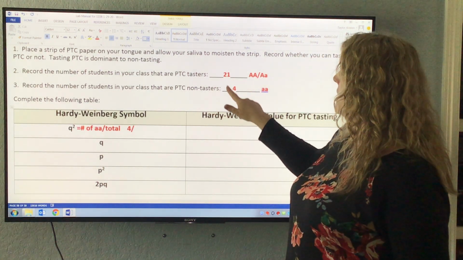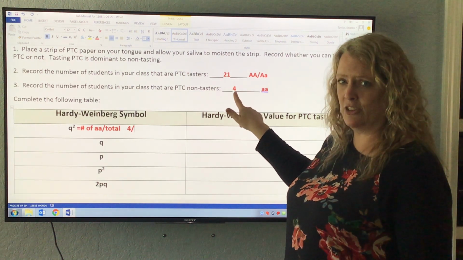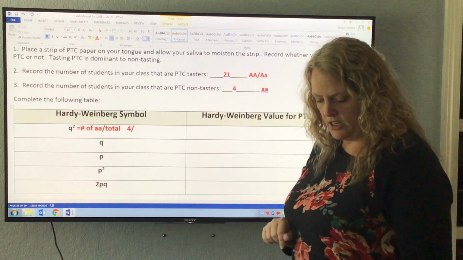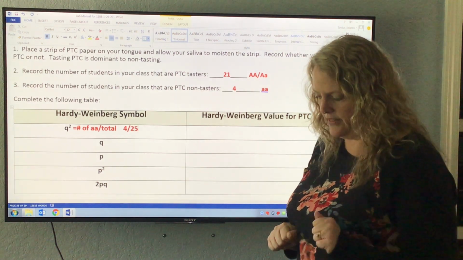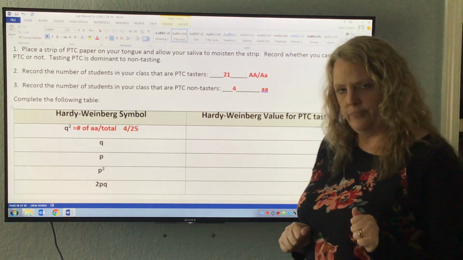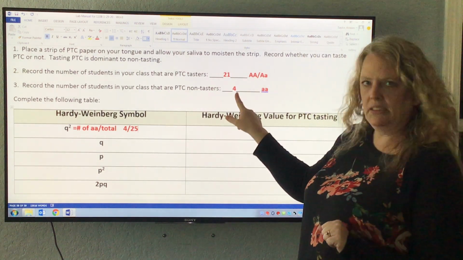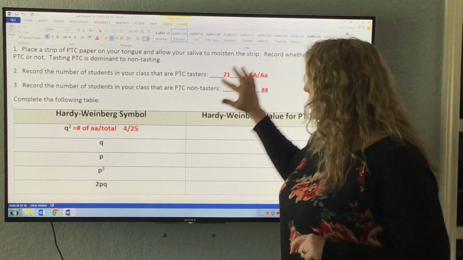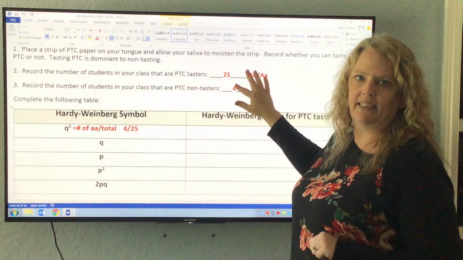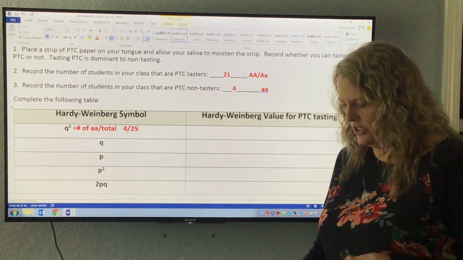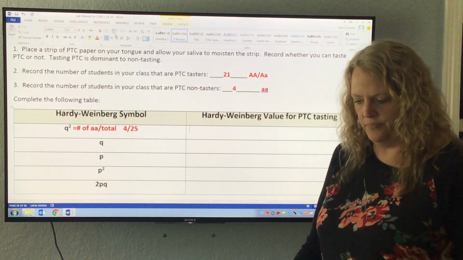So it's 21 plus 4. Do you understand that? Total number of students. So that would be 25. Okay, you understand how I got that? So 4 came from there. The total is these two numbers added together. Alright, so your answer is over here.